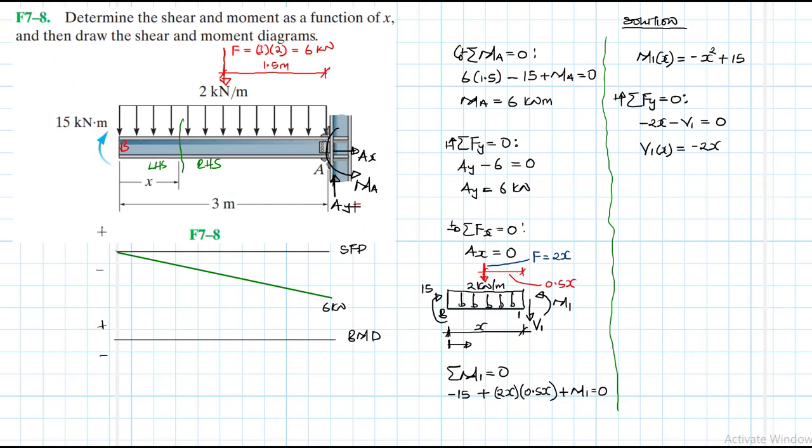I didn't indicate this. Ay, we found it as 6 kilonewtons. Ma, we found it as 6 kilonewton meters, and this was just equal to 0. Of course, then we have a closure here like so. And this is negative. For the moment, we have a positive value at B when x is equal to 0.